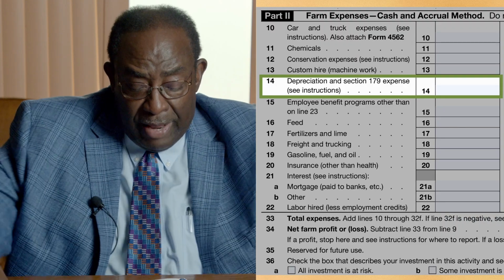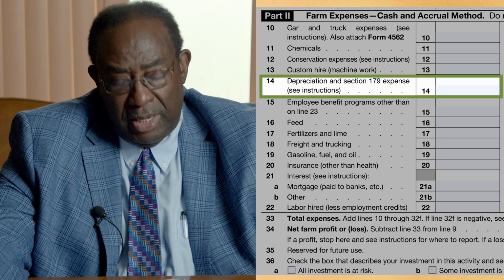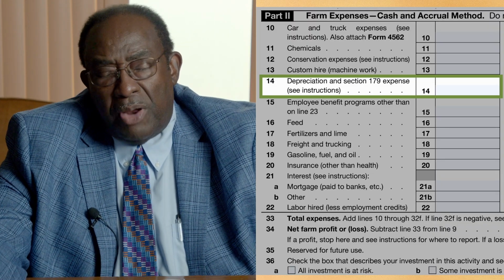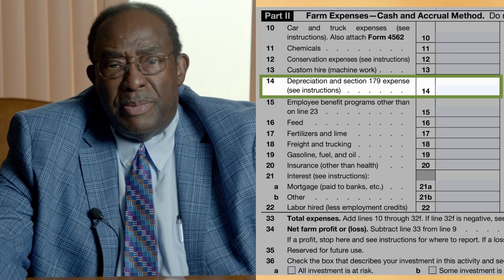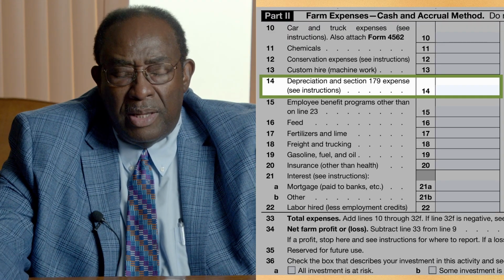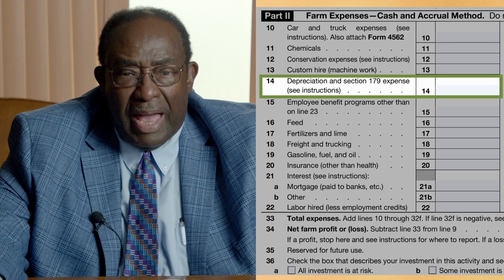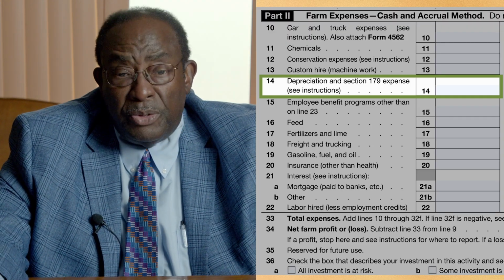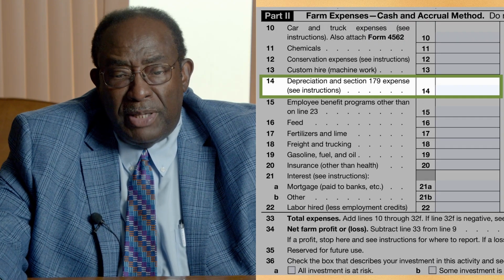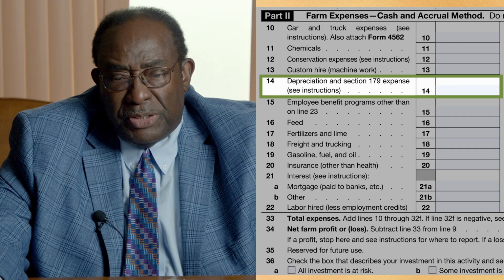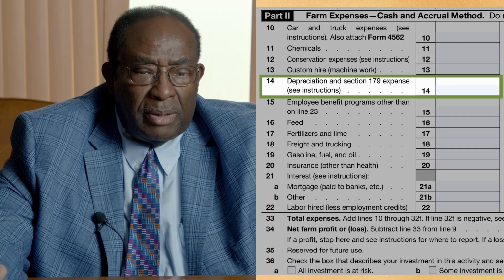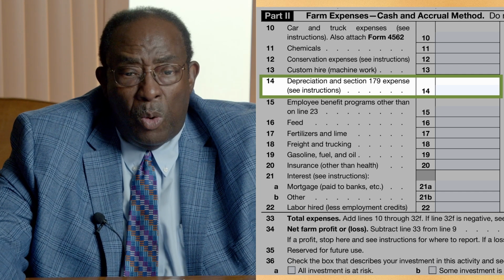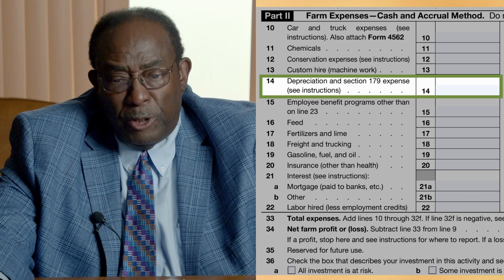On line 14 is depreciation expense. Now you can depreciate your tractors, all the equipment that you buy over the life of the equipment. Usually that's 5-10 years, whatever like that on your equipment. And that's something that you talk to your accountant about. You just tell them, hey, I bought some equipment. I bought a tractor. I bought a combine. Whatever you bought, you can depreciate it.